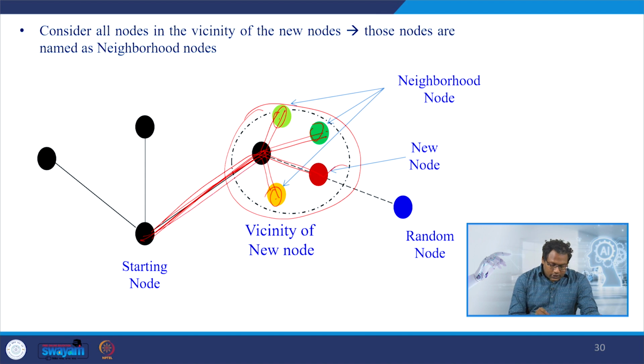The path with the smallest length, minimum length, is finally chosen, and the other paths connecting the nearest node to the other nodes in the nearest vicinity or the neighborhood regions are ignored.